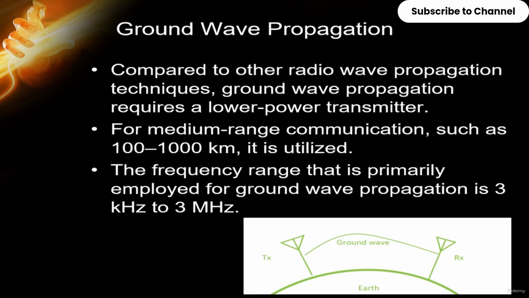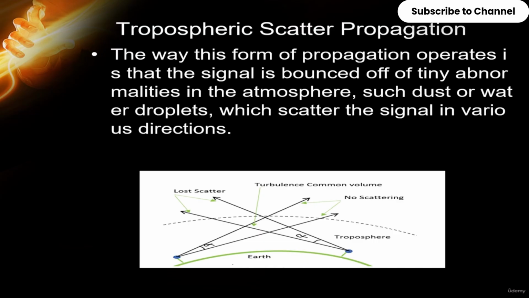And now we will see further transmission of radio waves, like tropospheric scatter transmission. In this transmission, it operates using the bounced space of the atmosphere, like dust or water droplets, which can scatter the signal in various directions.